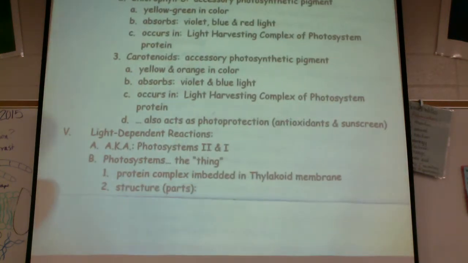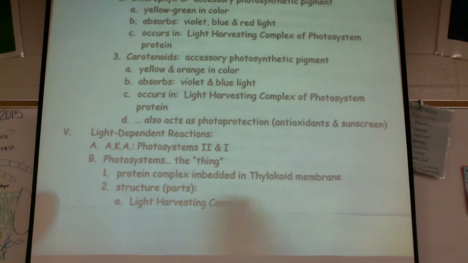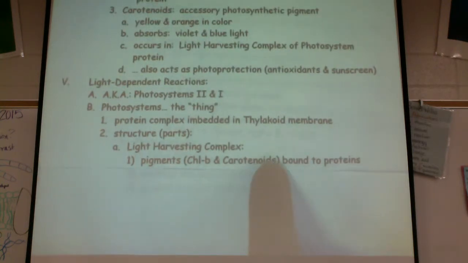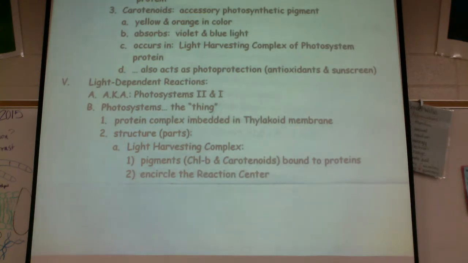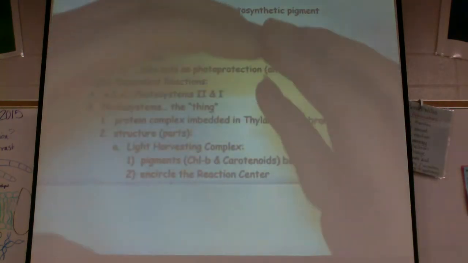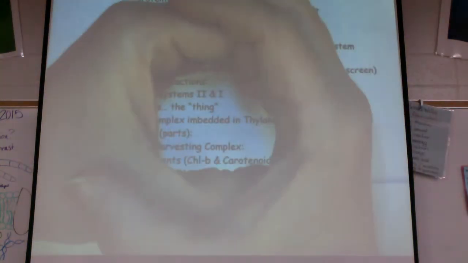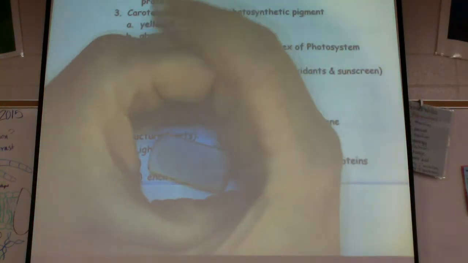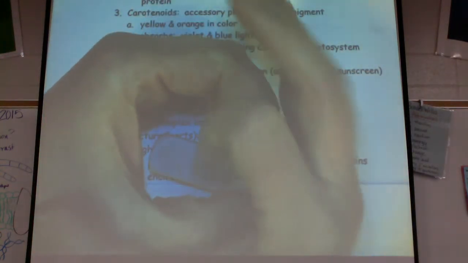Then, there's the structure of that thing, the light harvesting complex that has the chlorophyll B and the carotenoids, okay? And it encircles, it goes around, it's kind of like a donut, okay, with a little yummy filling. So you have your light harvesting all the way around the reaction center that's here in the middle, okay?